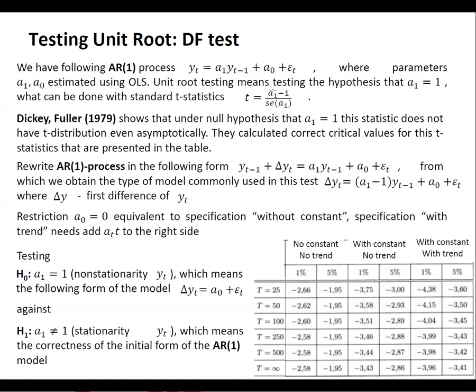This is because before the advent of these autoregressive models, trend stationary models were widely used in econometrics, and at that moment, in order to compare these specifications, that is the presence of a unit root versus the trend stationary hypothesis, this version of the Dickey-Fuller test with a constant and with a trend was developed.